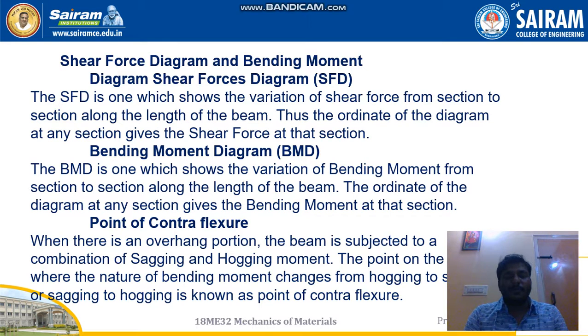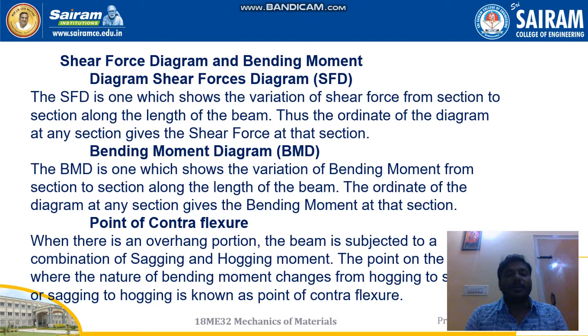So the difference is that in the shear force diagram we consider the shear force along the length of the beam, whereas in the bending moment diagram we consider only the bending moment at each section along the length. The ordinate of this diagram at any section gives the bending moment at that particular section. This is what we analyze for the bending moment diagram.